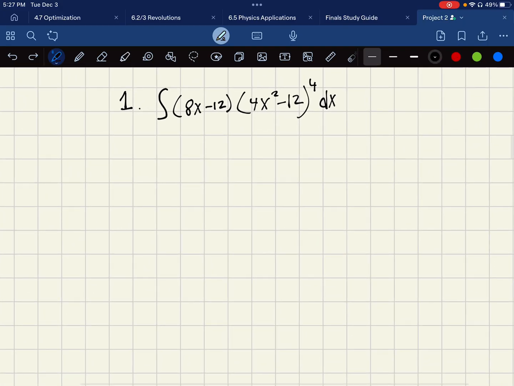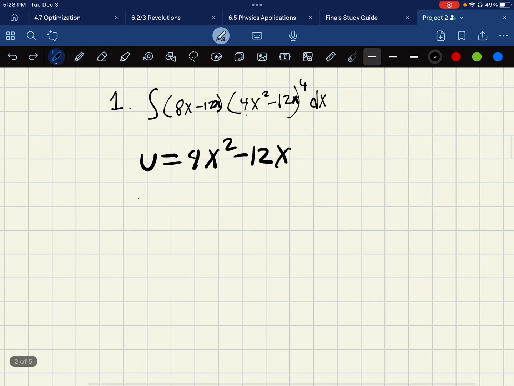So our first problem, we're going to find U. U is just this right here. Simple. So we get U is equal to 4x squared minus 12x. Okay, so we found our U value. That's the value in the parentheses.